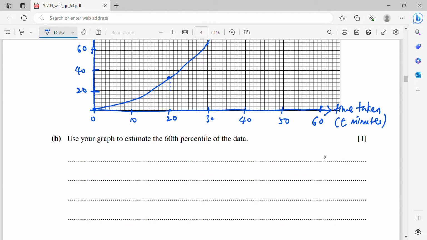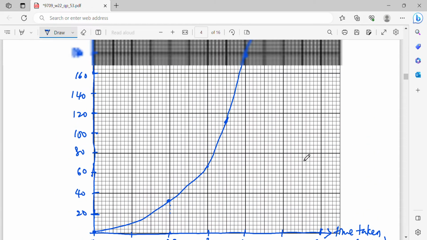Now use your graph to estimate the 60th percentile of the data. The 60th percentile is P60, which is 60 over 100 times the total data. When you simplify, it is data number 150. So now you need to get the answer from the graph.